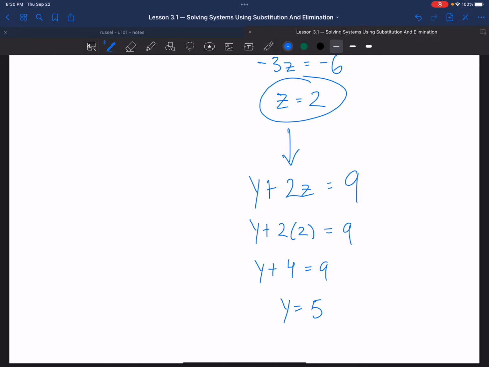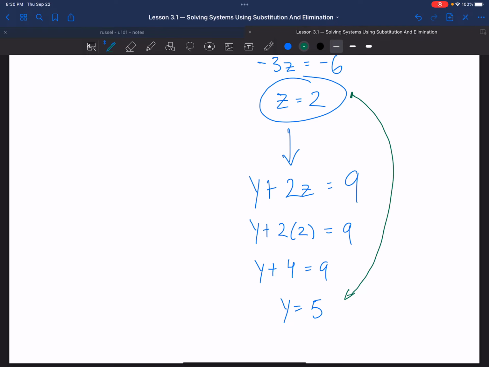Okay? And when you're showing work for our exams, please make this very clear. Please make it very clear that you substituted 2 in for z. If you go from this step and just jump and say y equals 5 after, you're doing a little bit too much mental math, all right?